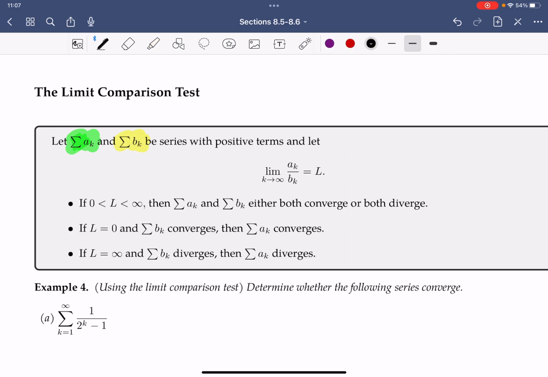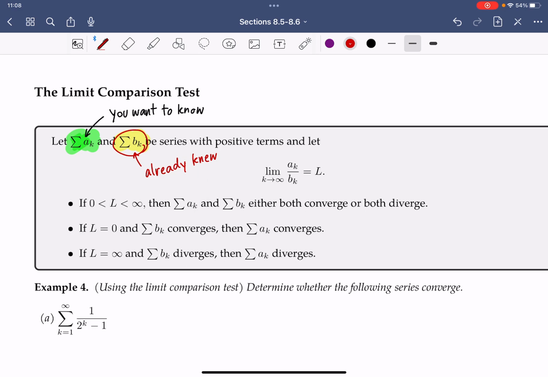The AK is the thing that you want to know. It's the summation AK. You already know BK. The thing that you already know could be a P series, or it could be geometric.